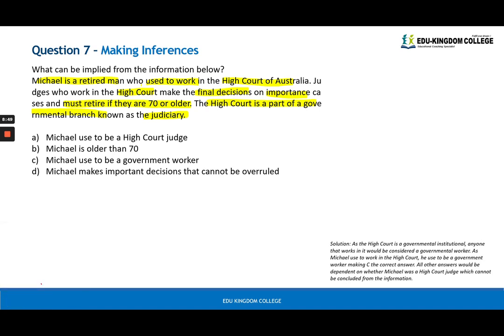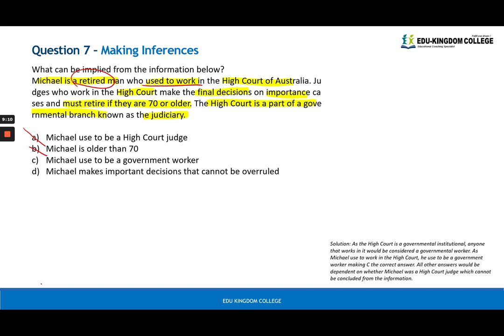A says Michael used to be a High Court judge. Now we can't imply A, because he's just a retired man who used to work here. For all we know, he could have been working as a secretary or a cleaner or a security guard, right? We don't know. B, Michael is older than 70. Again, we don't know.